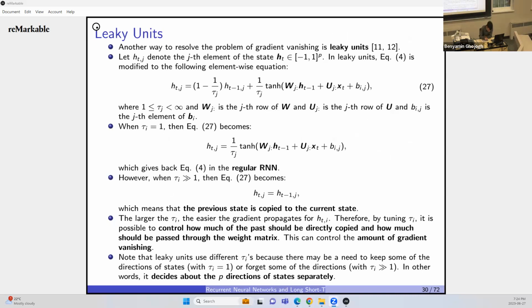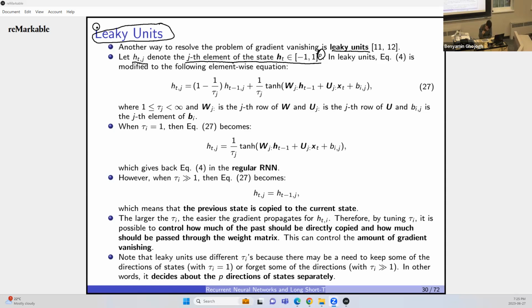Another technique is leaky units. References 11 and 12. Let HTJ denote the jth element of the state HT. Do you remember HT is a p-dimensional vector? So let HTJ be the jth element of the vector HT.